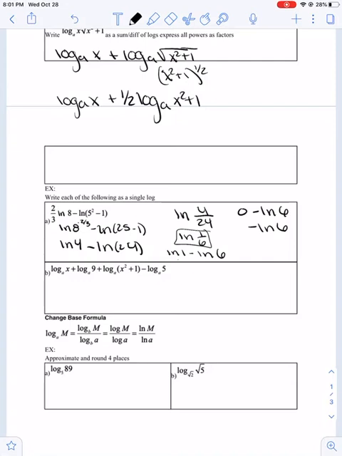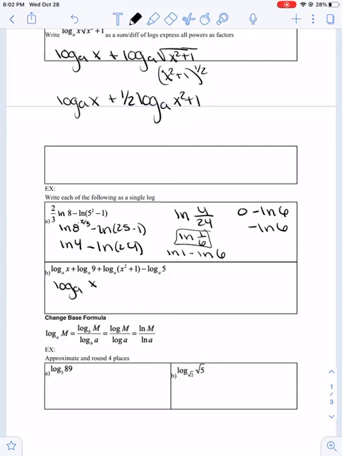Okay, so next we have log base a of x plus log base a of 9 plus log base a of x squared plus 1 minus log base a of 5. With all those additions, that means we're going to multiply all of those.